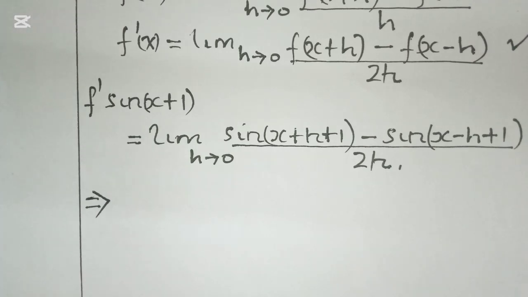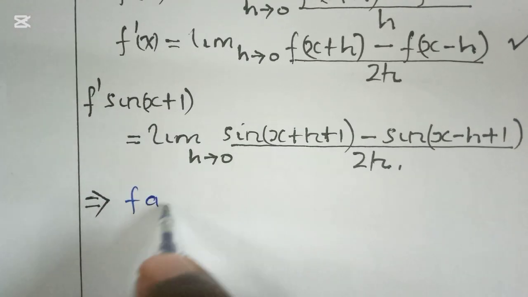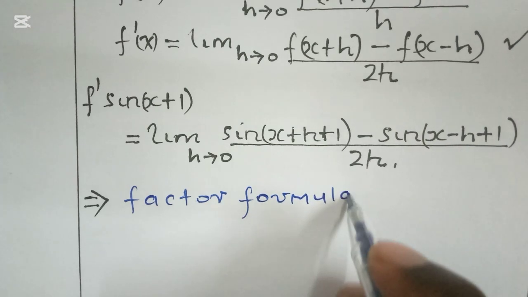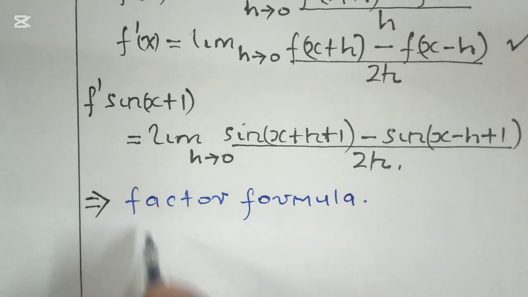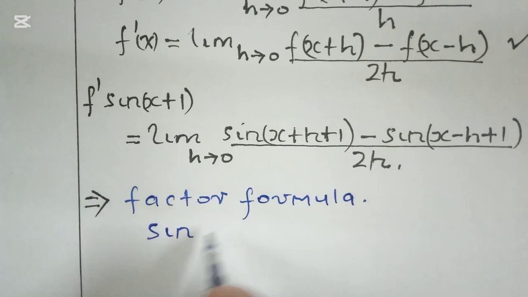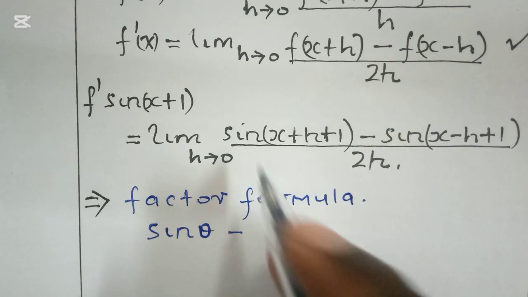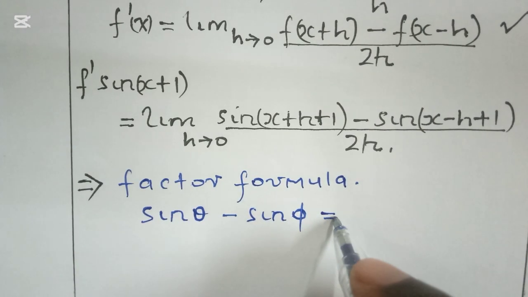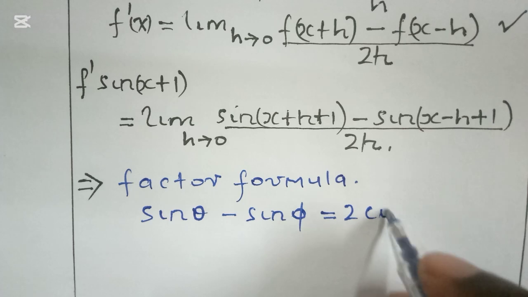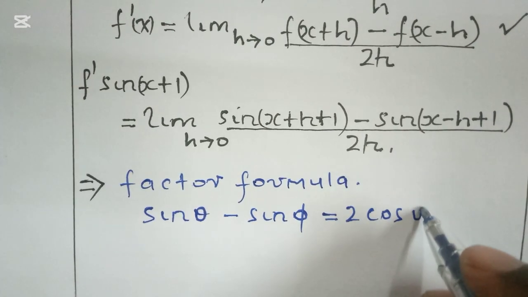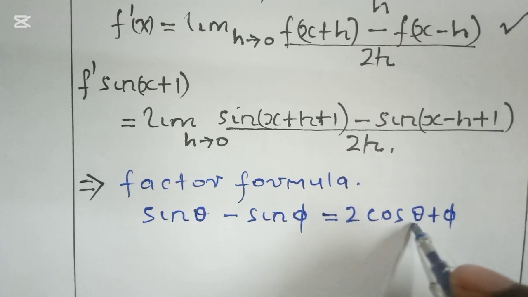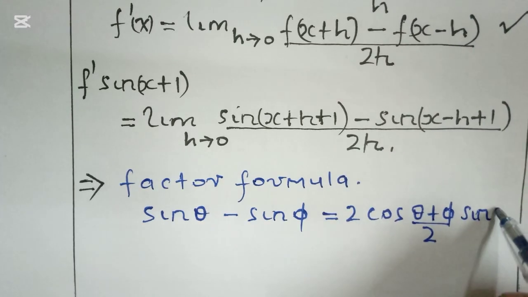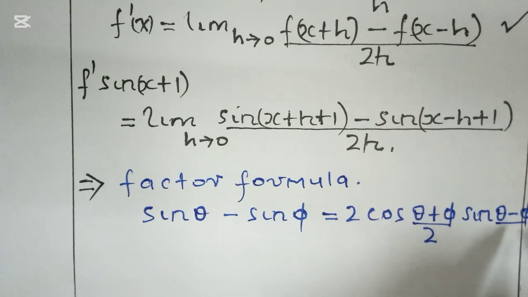The factor formula says: sine theta minus sine phi is equal to 2 cos((theta + phi)/2) sine((theta - phi)/2).